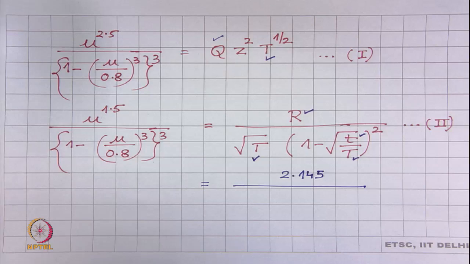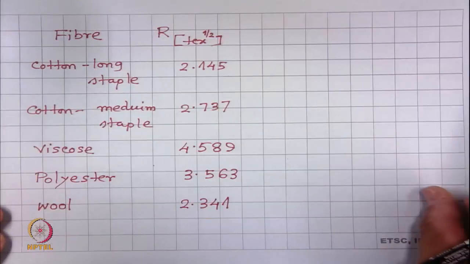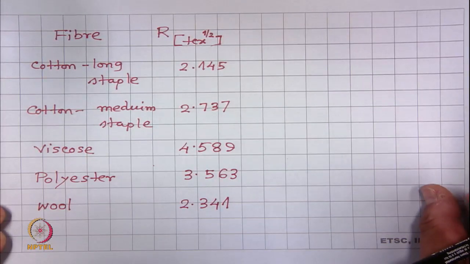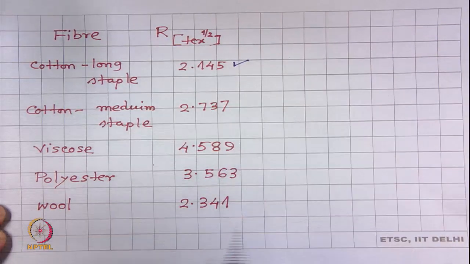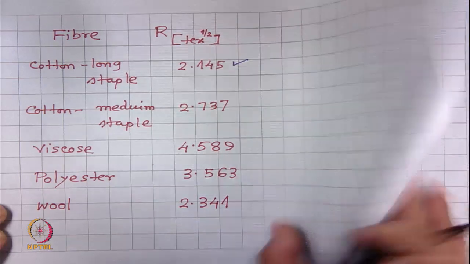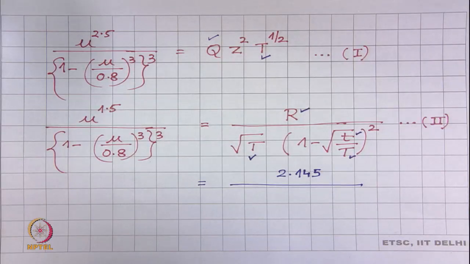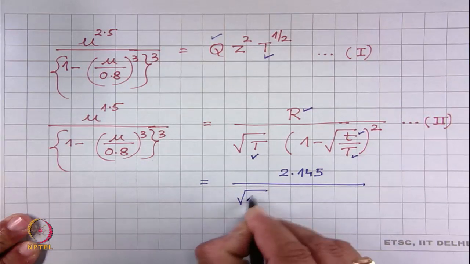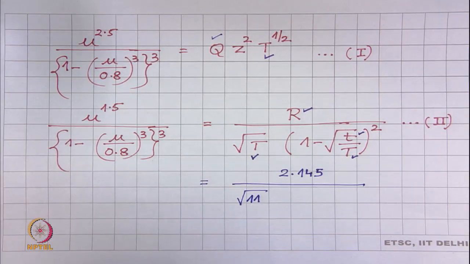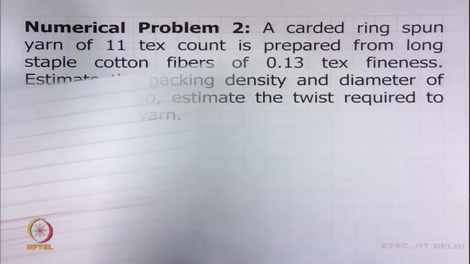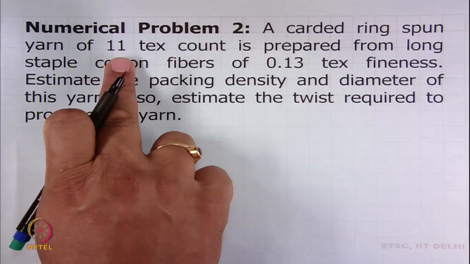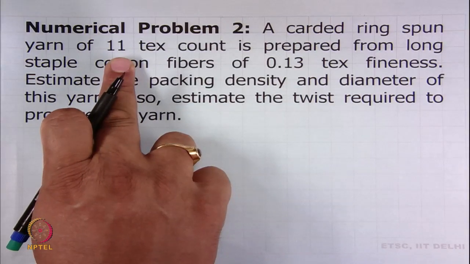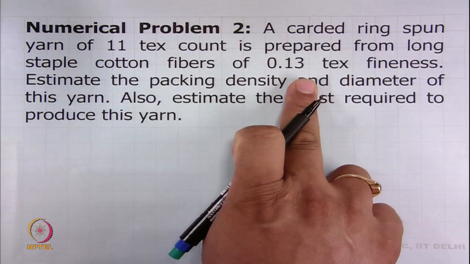How do I find this value? From this table, 2.145, this value. Now, what is yarn count? 11 tex. Where do I find this? Already given in this problem, 11 tex. What is fiber fineness? 0.13 tex, already given.